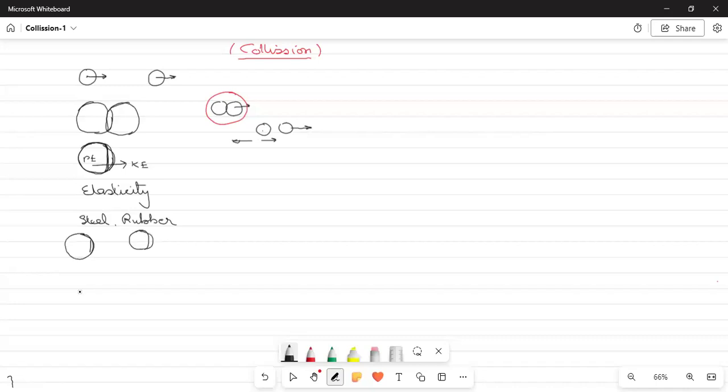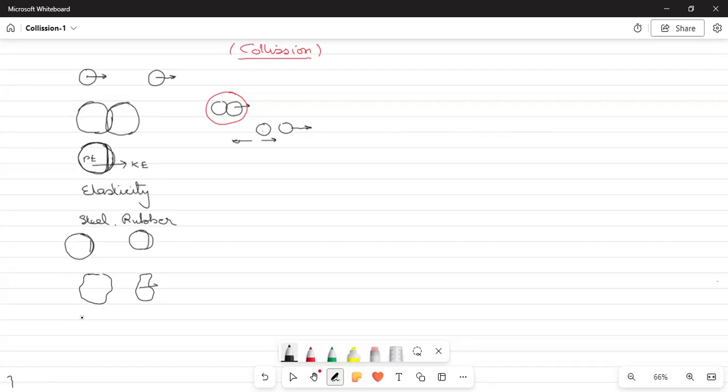And what is a non-elastic or inelastic material? Let us say you have a lump of mud or clay. If you hit a lump of mud or clay, it will be deformed like this, and it will not regain its shape.